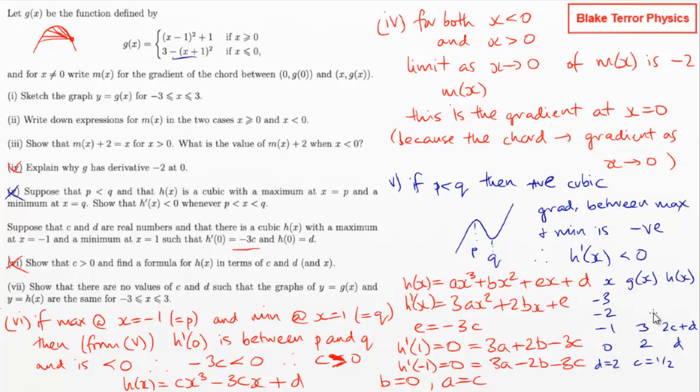Square it, so we get 2. And in this one, for minus 2, we're getting minus 8C plus 6C. So minus 2C plus D. So that would mean that C is equal to 0. So contradiction.